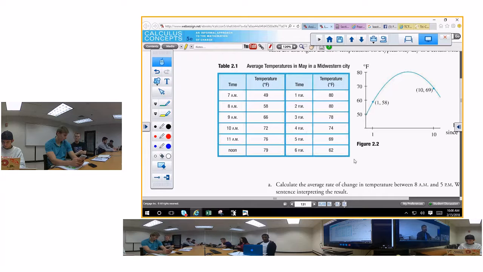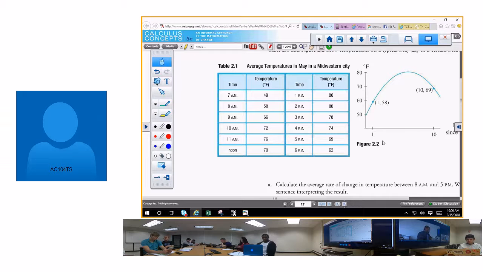All right. Now, most of y'all know how to find the slope. Which way do we read? Left to right. This is x sub 1, y sub 1. This is x sub 2, this is y sub 2. First of all, what's the change? The change, and they're going to ask you this, is 69 minus 58.